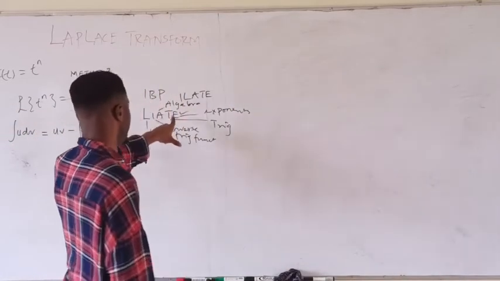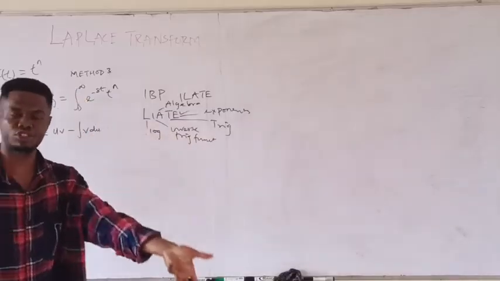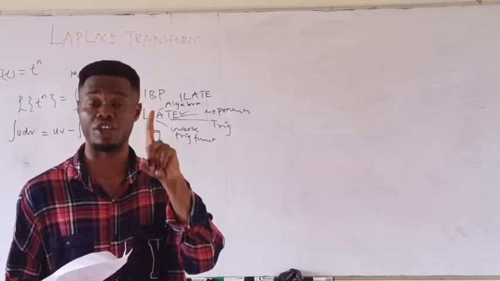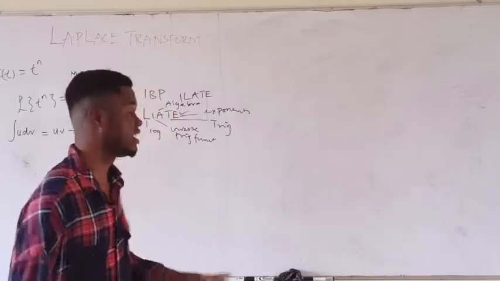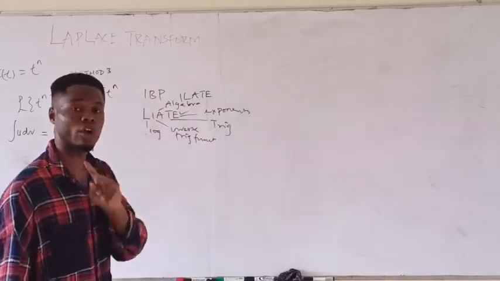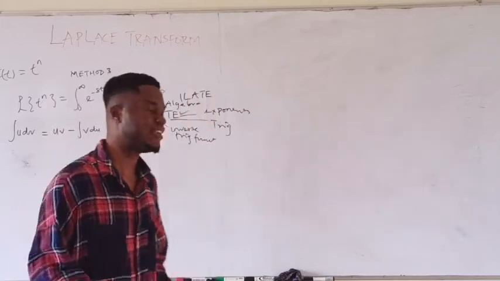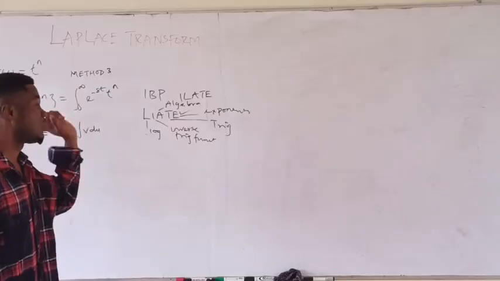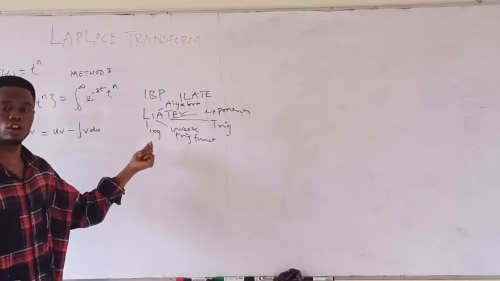So the IBP helps us to know which function is going to be our u. When you are dealing with a function in integration by parts, you look out for a logarithm.